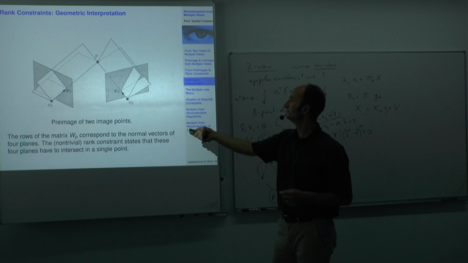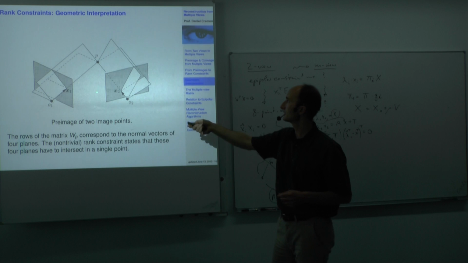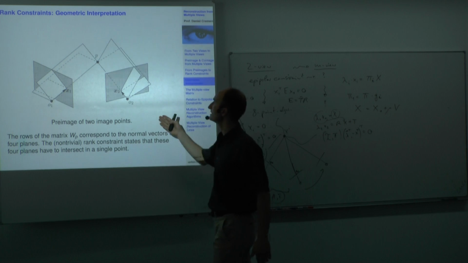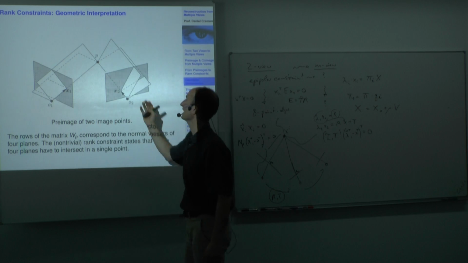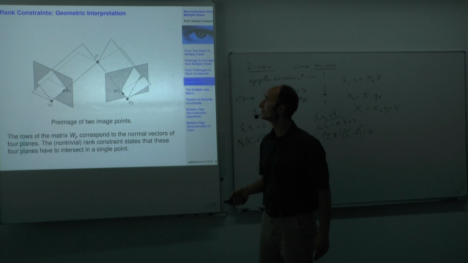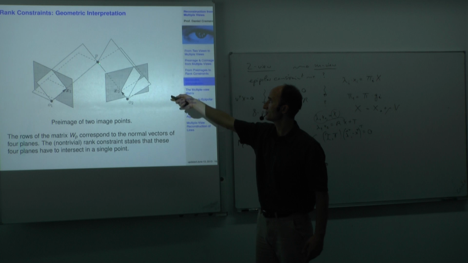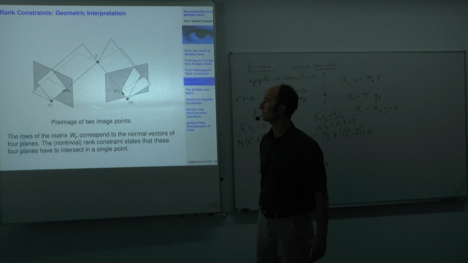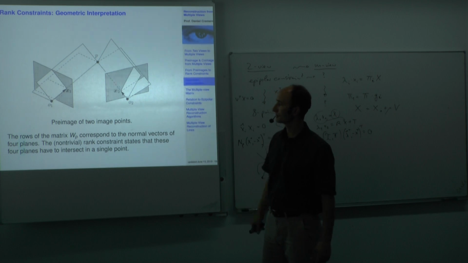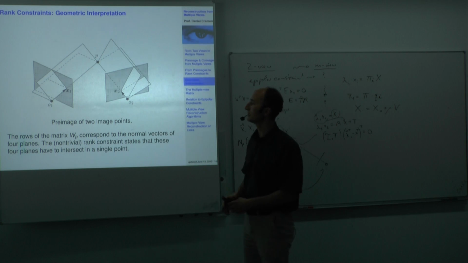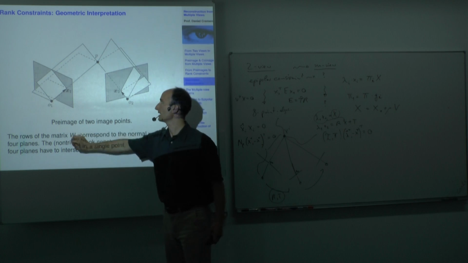Here's the idea. Here's the point observed in this case in 2 images. Each image contributes 2 planes, and now we say the 3D point is in the intersection of these planes, and so here's the 3D point, and this is how you can visualize what the matrix WP implies.